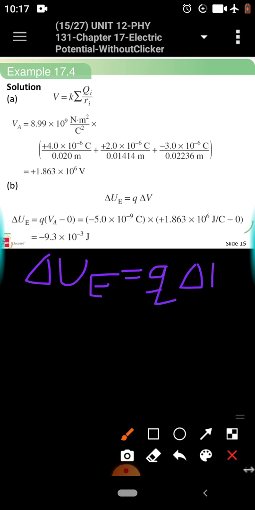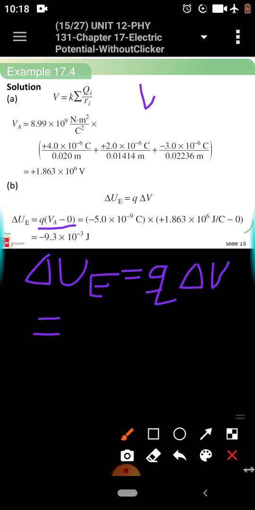This is very important. VA will be the final potential.